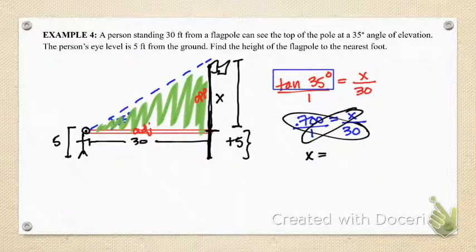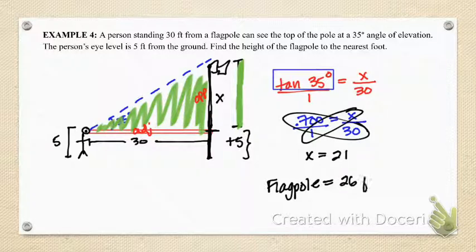So we find that x equals 21. Now remember, that's not the height of the flagpole, that's only the distance that we just measured from here to here. So that means that the flagpole is actually this 21 feet plus 5 feet, so it's actually 26 feet.